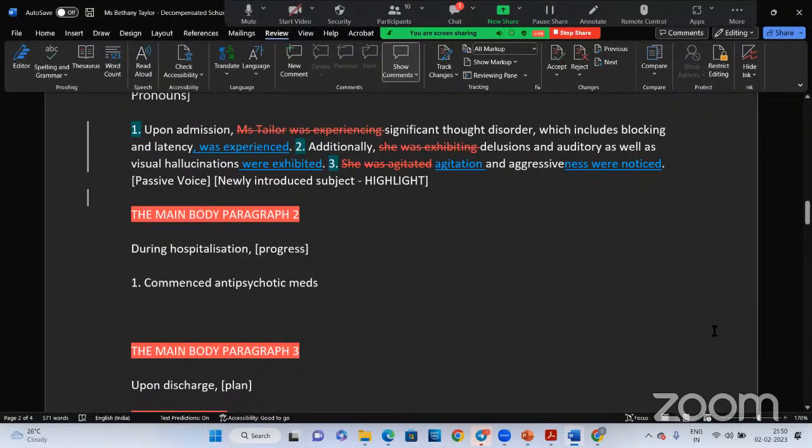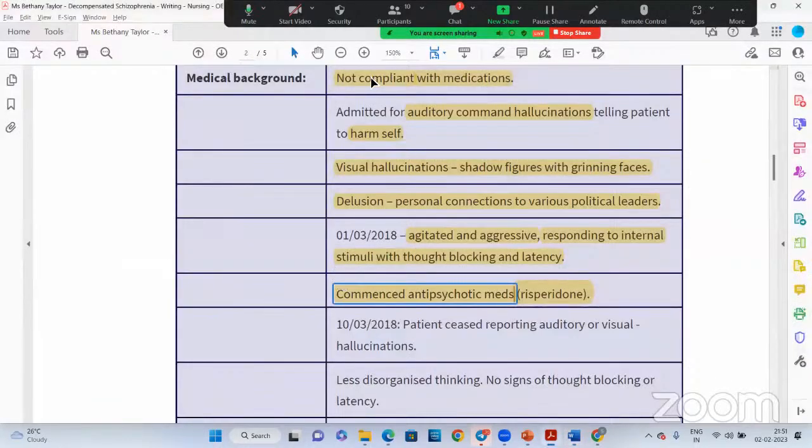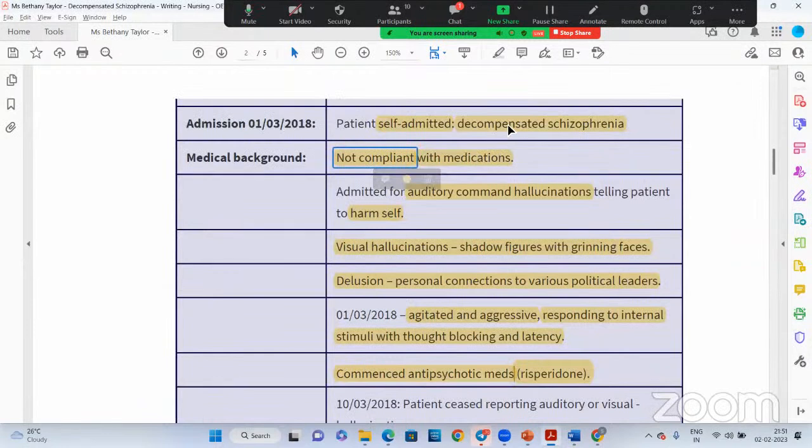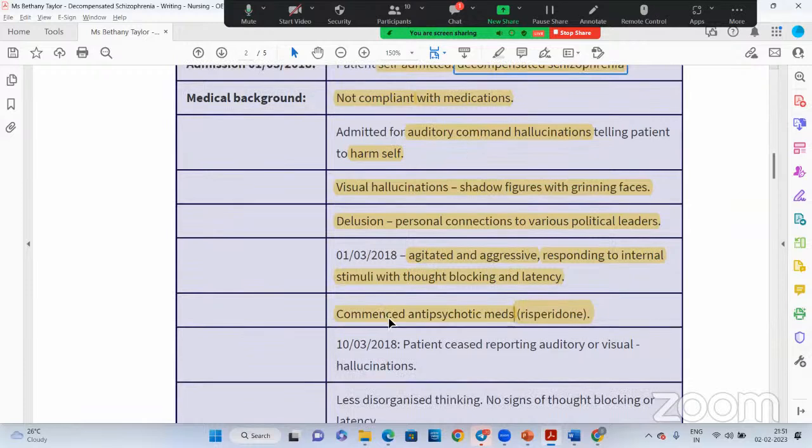Then because this medication was given, what happened? Earlier non-compliant, that's why decompensated schizophrenia. Now started medication, so now becoming compliant.